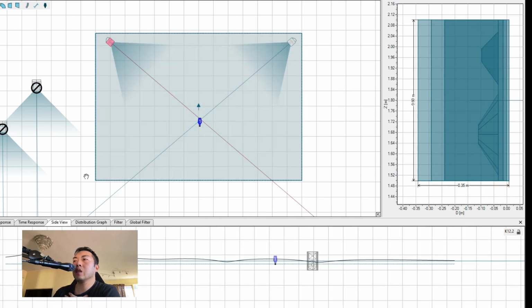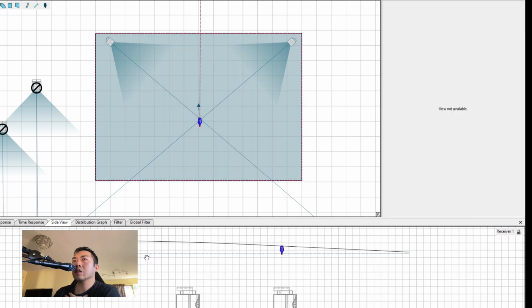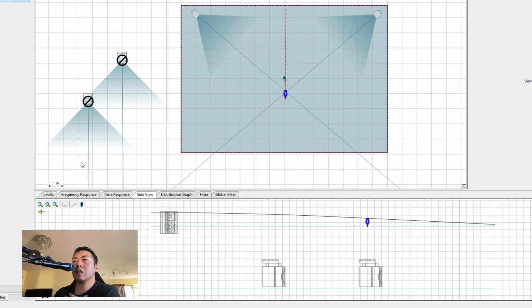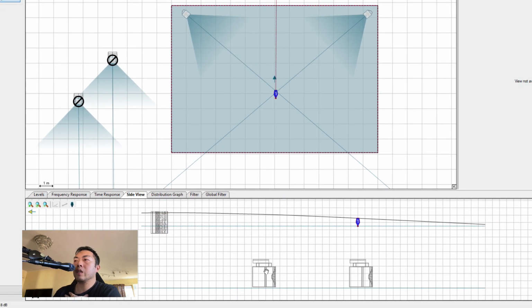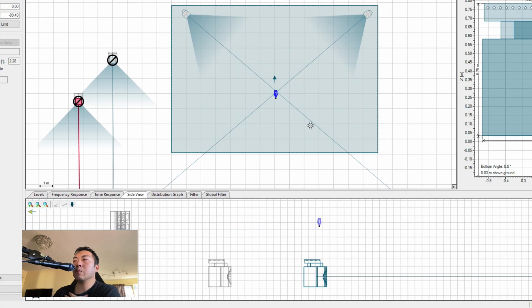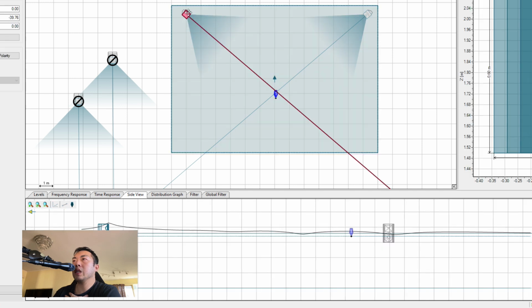Now, these speakers, if you look at the side view at the bottom, which I'm going to show you in a second here, ignoring the subwoofers, you'll see that in this room, the speakers are almost level with the listener.